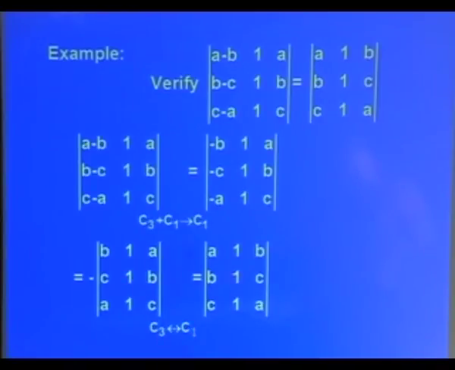When we apply this, we get this result, and since we are interchanging two columns, the minus sign due to this interchange will be absorbed, and what we have is the final result, which is the same as this.